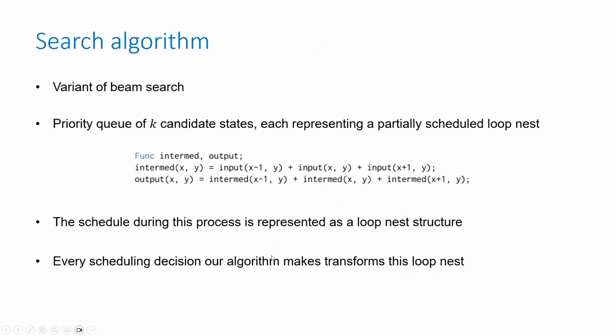Okay, now let's talk about the search algorithm, which is a variant of beam search. As mentioned before, it picks the top k candidates that perform the best according to the cost model or the performance profiling. The schedule during this process is represented as a loop nest structure, and for every decision, the optimizations transform this loop nest representation.